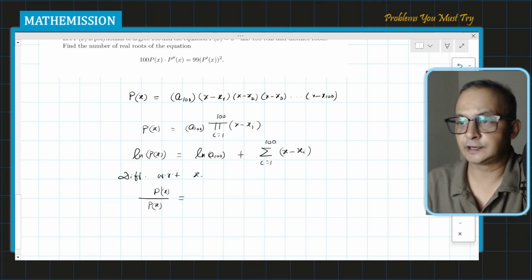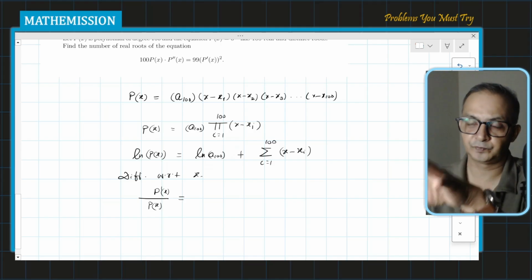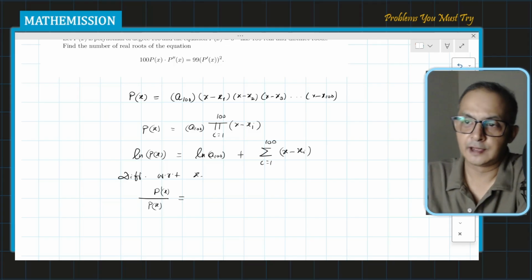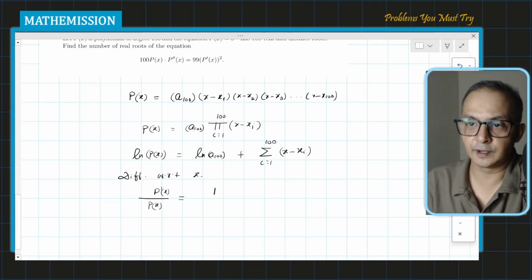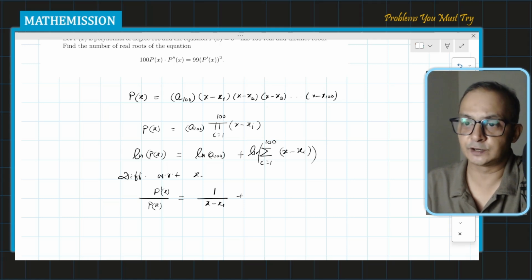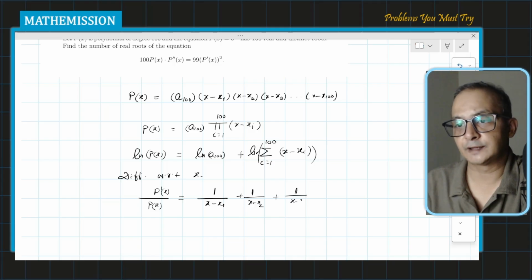And log a100 is constant, so that will turn into 0. And here each term is in summation, and there is no such problem. It's linear with the coefficient 1. Therefore, just the derivative will become, by the way, I have taken log there, so I forgot to write, the derivative of log of x minus x1 plus log of x minus x2, plus log of x minus x3 and so on up to log of x minus x100.